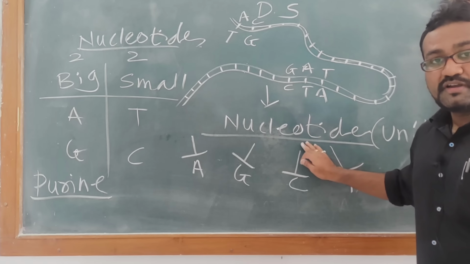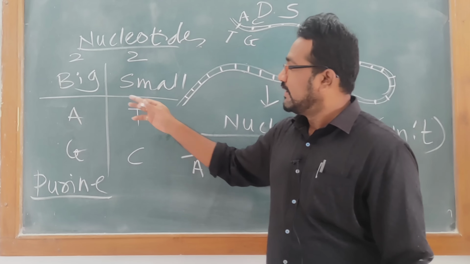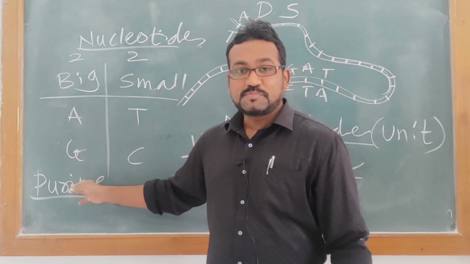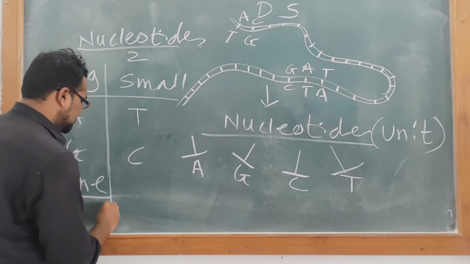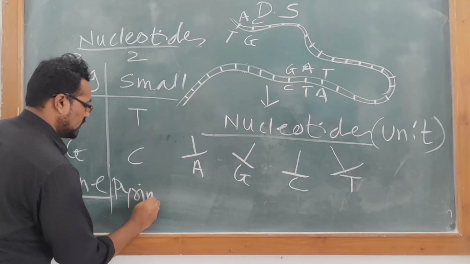DNA is made up of nucleotides. A, T, G, C are 4 different nucleotides. These 4 nucleotides can be differentiated as big nucleotides and small nucleotides. Big nucleotides are A and G, which are known as purine. Small nucleotides are T and C, which are known as pyrimidine.